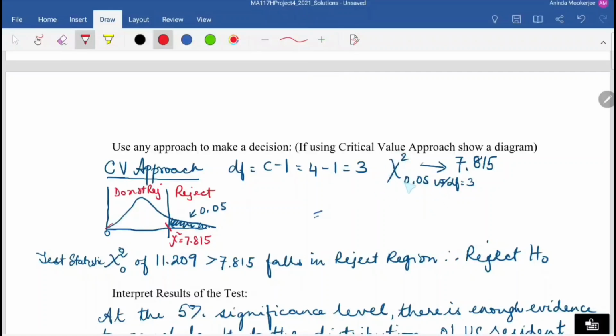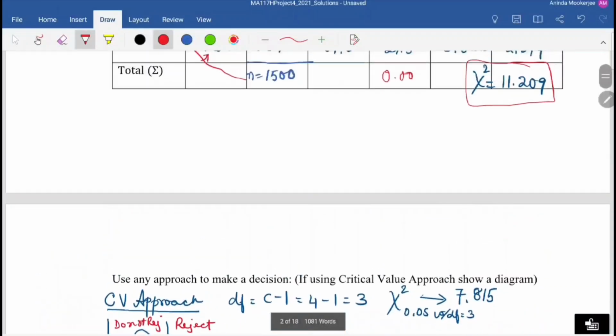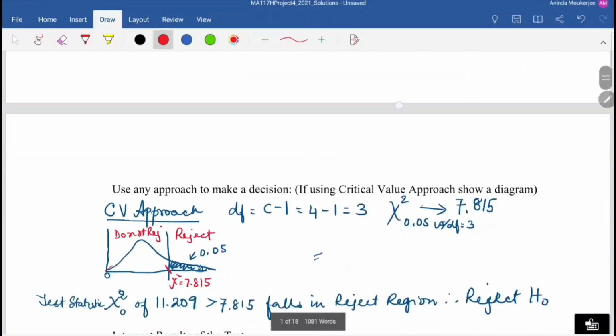Right, so we looked up our table, the chi-squared of 0.05 with df equals 3 is 7.815, right? So 7.815 is our cutoff, and what was our test statistic value was 11.209.